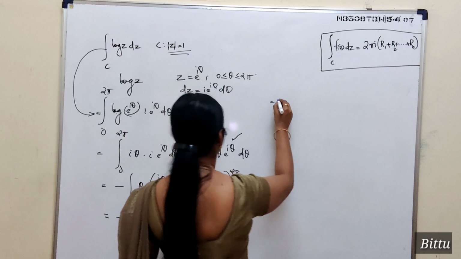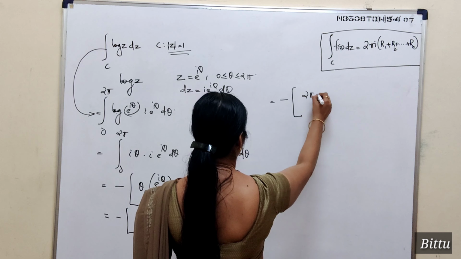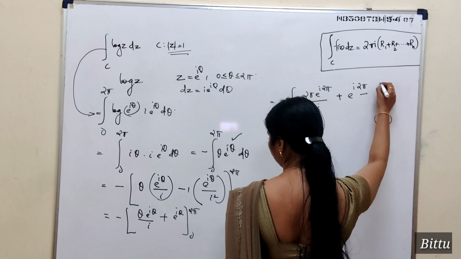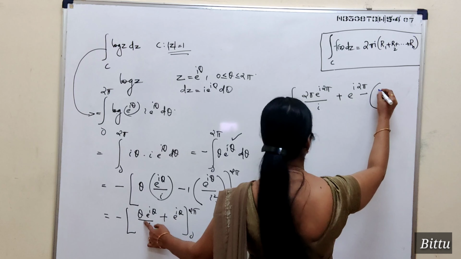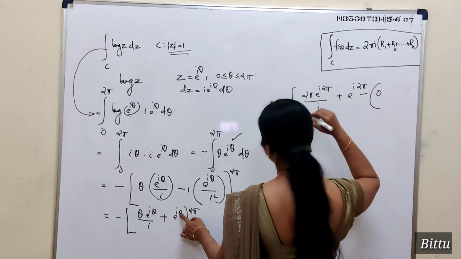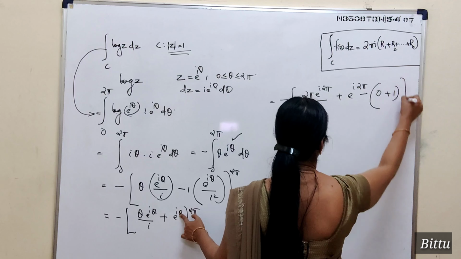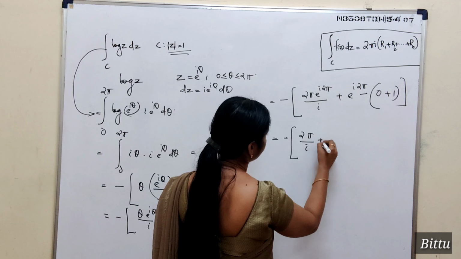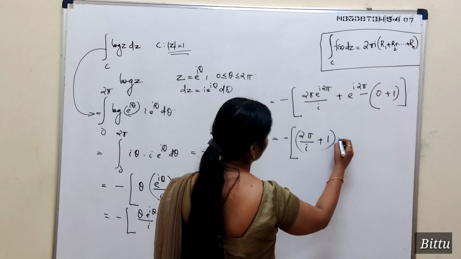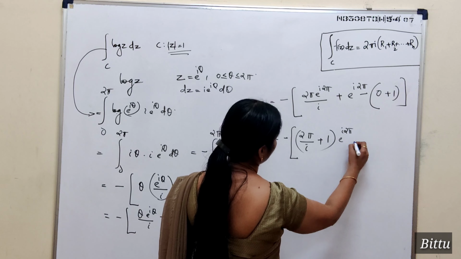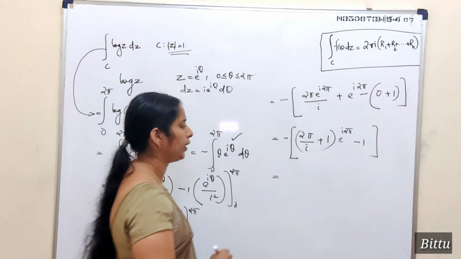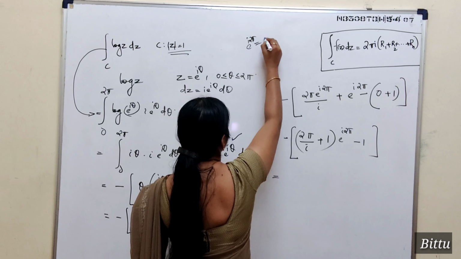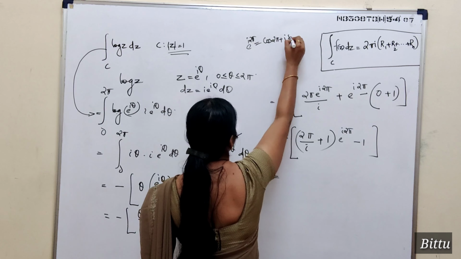You put theta equal to 2 pi. So 2 pi e raised to i 2 pi by i plus e raised to i 2 pi, minus, when theta is 0, this term is 0, and e raised to 0 is 1. That is minus 2 pi by i plus 1 into, from the first two terms you can take a common factor, e raised to i 2 pi minus 1. What is e raised to i 2 pi? e raised to i theta is cos theta plus i sin theta.